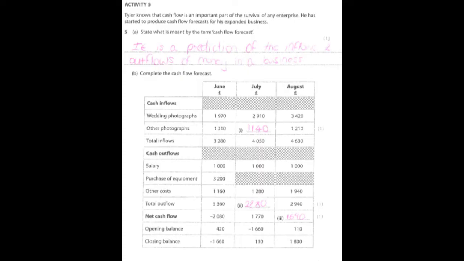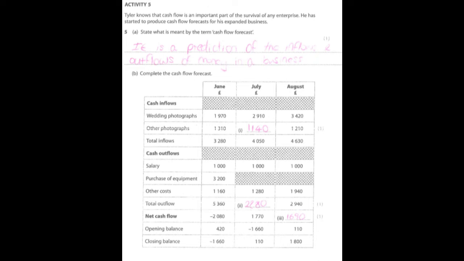And you can see in August, you've got inflows of 4630 and you've got outflows of 2940. And you just subtract those two numbers, and you're given the number of 1690. Now, remember, you can see there they haven't put negatives in brackets, but that's something that can happen sometimes. And always remember that your opening balance is your previous month's closing balance.